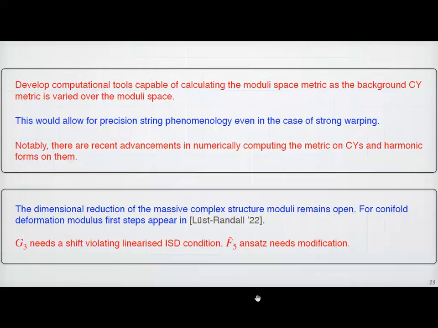Although this paper claims to solve important issues, like the stability problem from Bena and Rana, who showed that there is some instability when you add anti-D3 branes for conifold deformation moduli, and this paper claims to solve that problem, okay at least with the result.